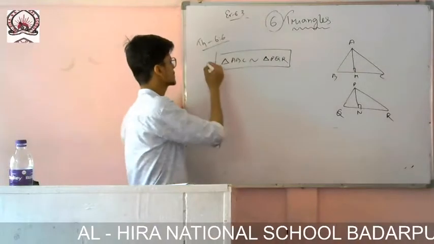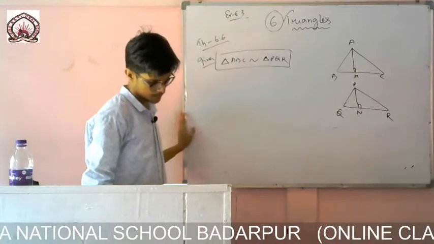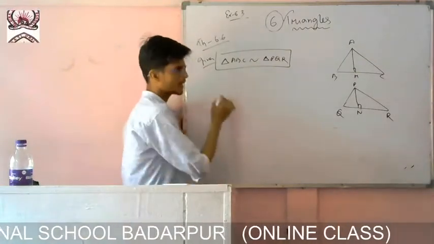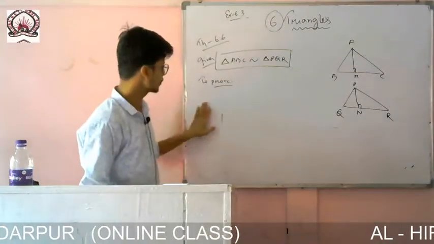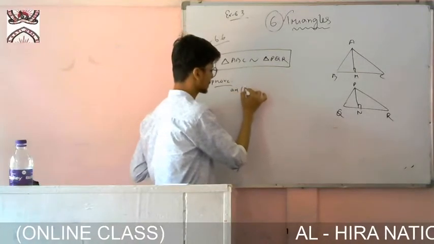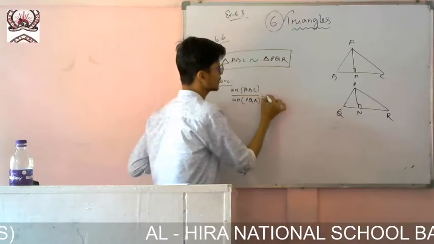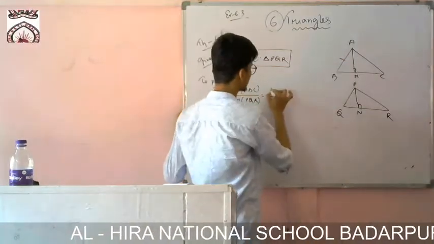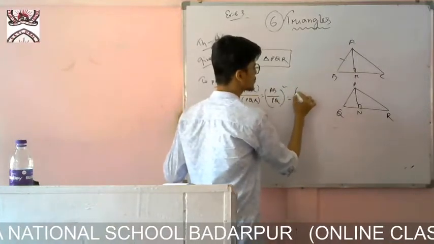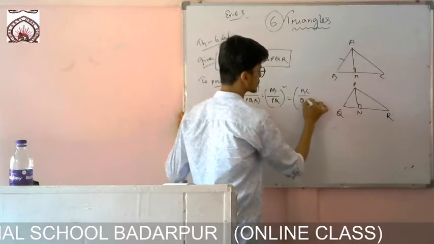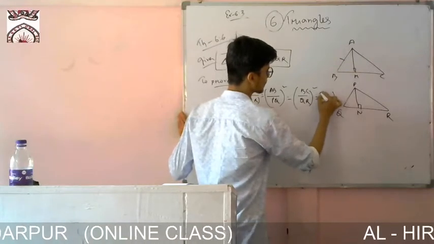You write it nicely, given what is there in the book. Given two triangles ABC and PQR such that you write this one. So what I have to prove? Area of triangle ABC by area of triangle PQR will be equal to the square of the ratio of their corresponding sides: AB by PQ whole square equals BC by QR whole square equals AC by PR whole square.